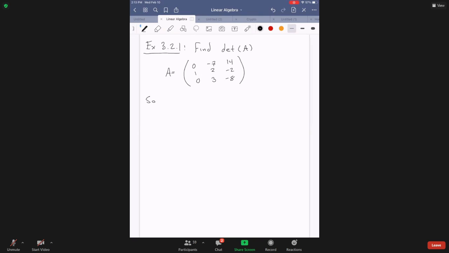So solution, we will use elementary row operations. Okay. So this is how it works, okay? So start off with your matrix like this.